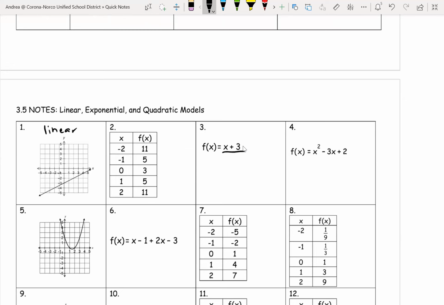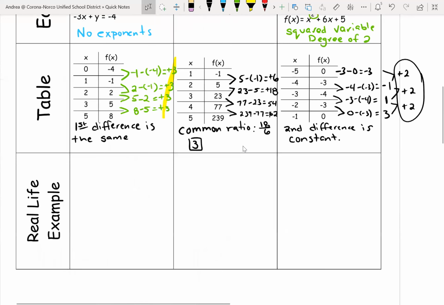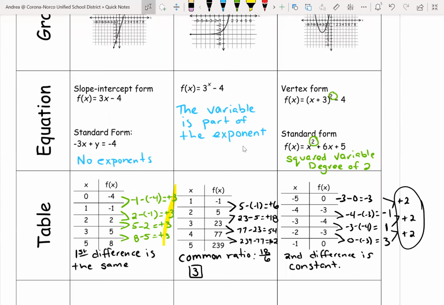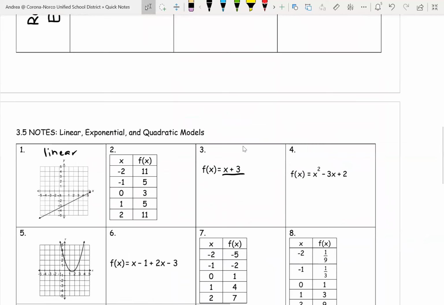Look at number 3. Is the x the exponent? For an exponential function, the variable is part of the exponent. In this one, I don't have an exponent at all, so this is linear. Okay, number 4, linear, exponential, or quadratic? Quadratic.